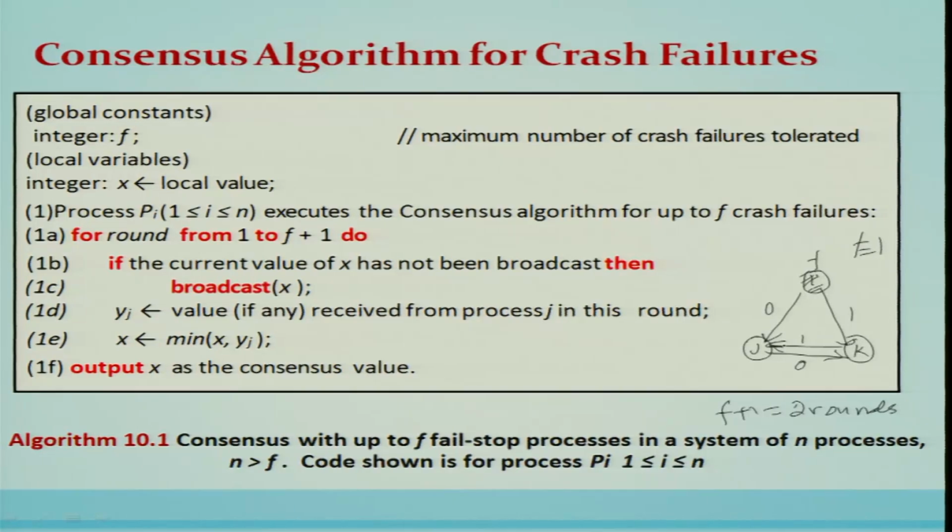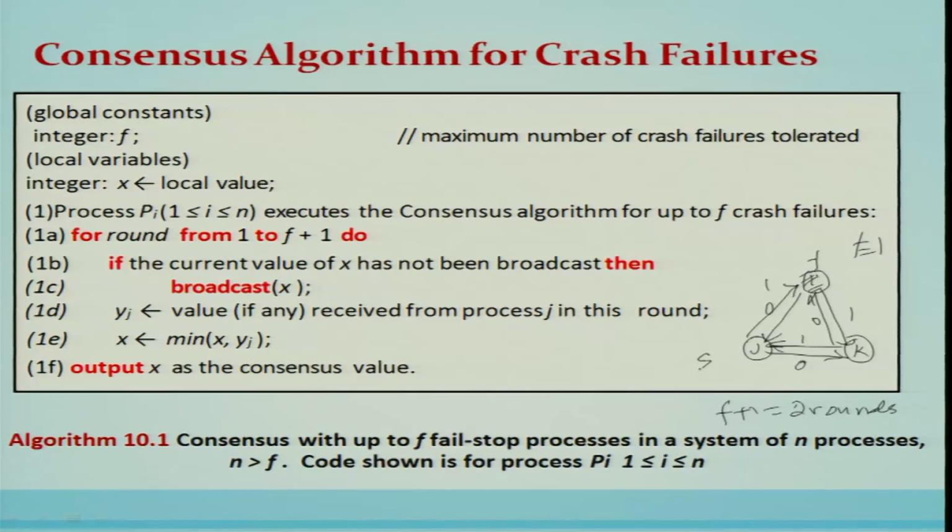In this round, the process on receiving 1 will send 1 over here, and the one receiving 0 will send 0.